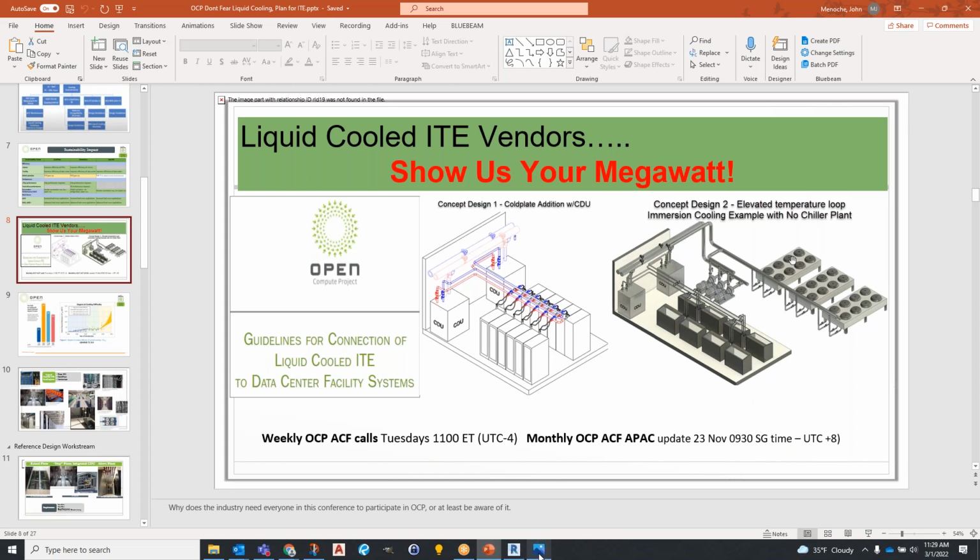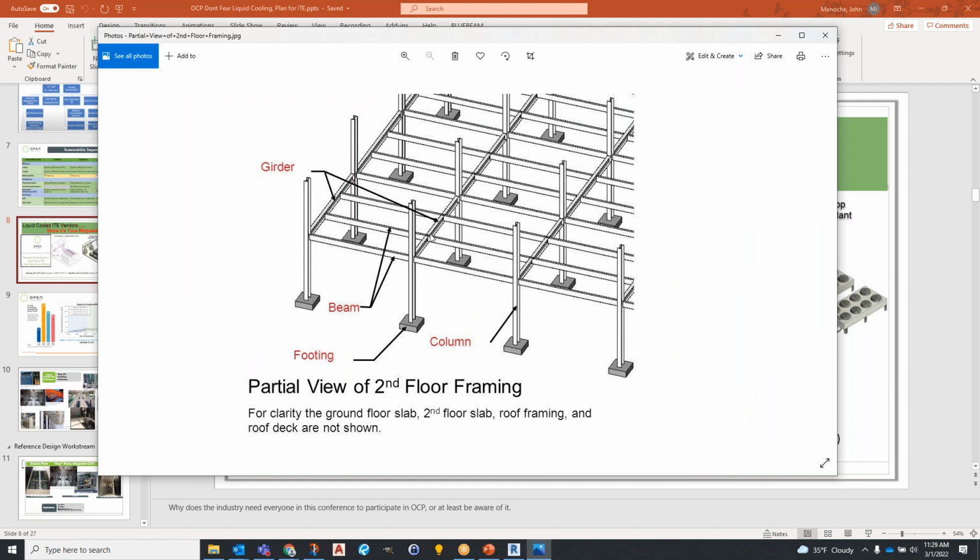The other thing I wanted to bring up real quick here is that we can give a recommendation, and our recommendation is almost certainly going to be a very simplified version, which is this floor loading capacity per square foot or per unit area, maybe on the base floor and on the different floors of a building.